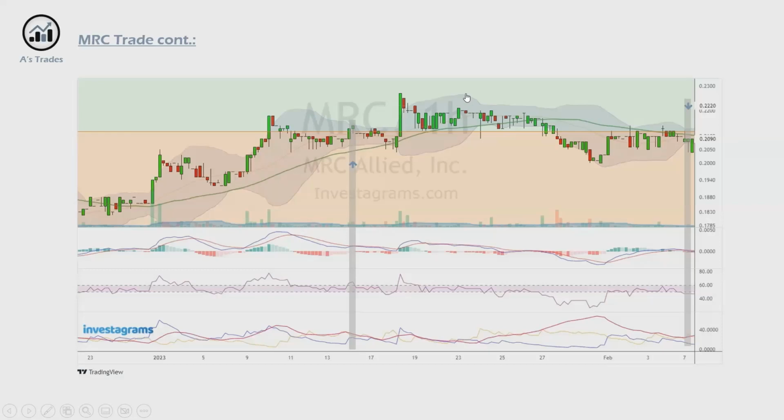This would have been the ideal exit, because the momentum, the RSI, and the cycles criteria did not support the price moving upward. The MACD, as you can see, is moving down, and the RSI, the momentum criteria, is also moving downward.